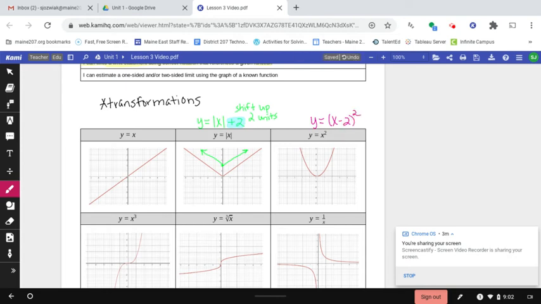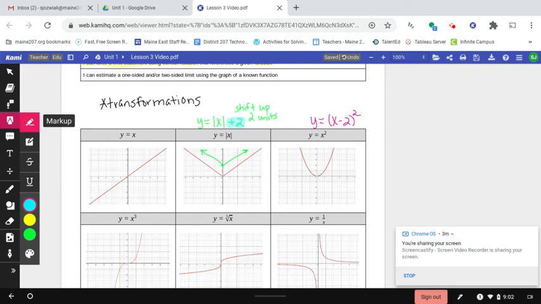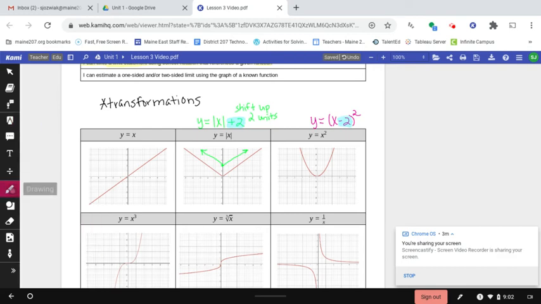You should still be able to recognize that that's going to be a parabola. It's just that now there's this transformation to it. This minus 2 is going to shift your graph 2 units to the right.